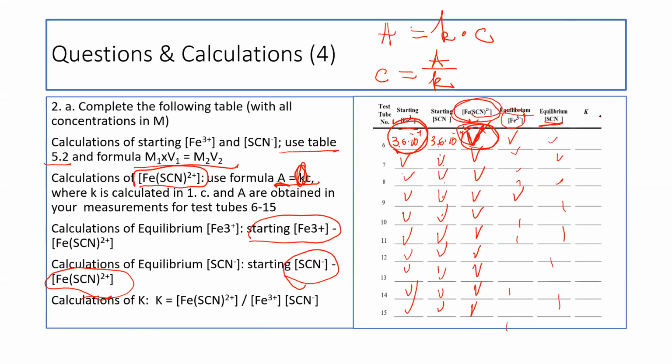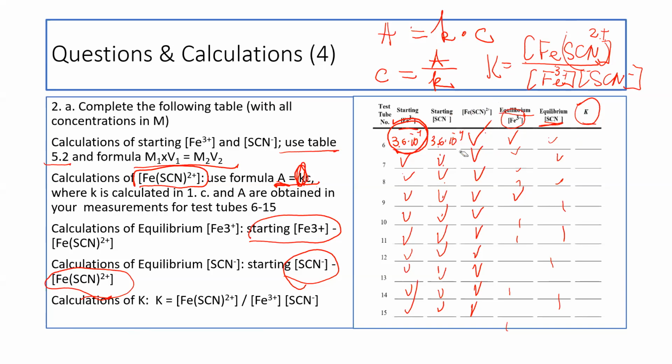And finally, you have to calculate K, the equilibrium constant. So what is the formula? This is your product, the concentration of your product over the concentration of your reactants at equilibrium. That means K is equal to this number over this number and over this number.